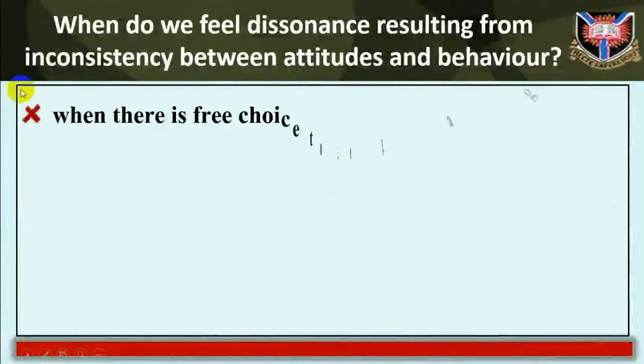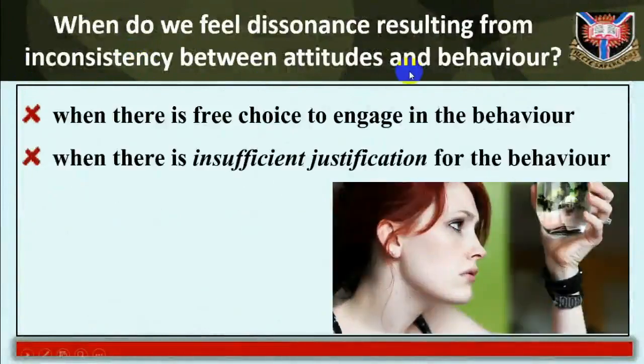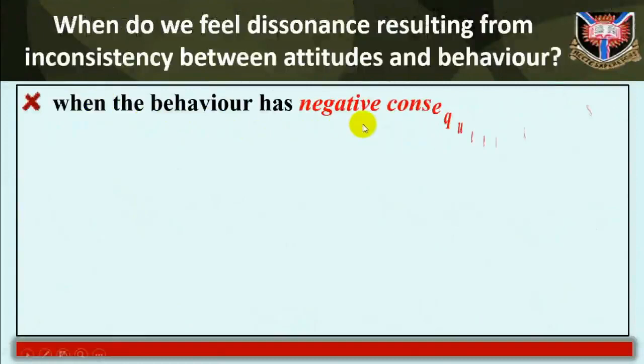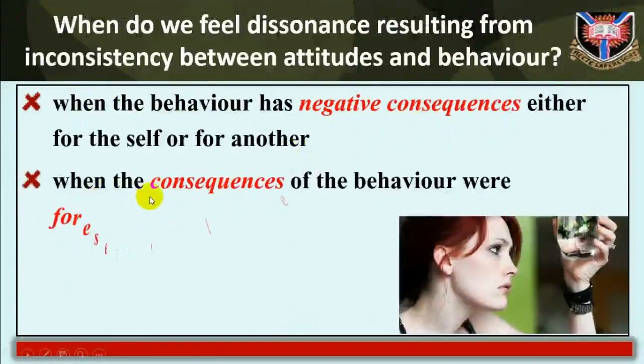Dissonance resulting from inconsistency between attitudes and behavior should be felt only when there is free choice to engage in the behavior, there is insufficient justification for the behavior, the behavior has negative consequences either for the self or for another, and the consequences of the behavior were foreseeable.